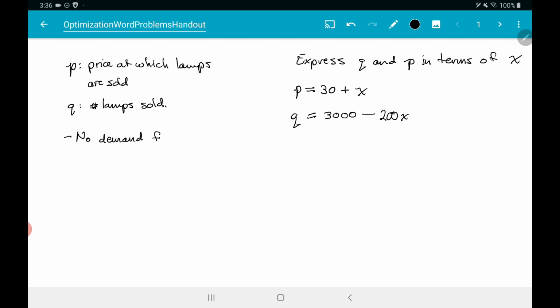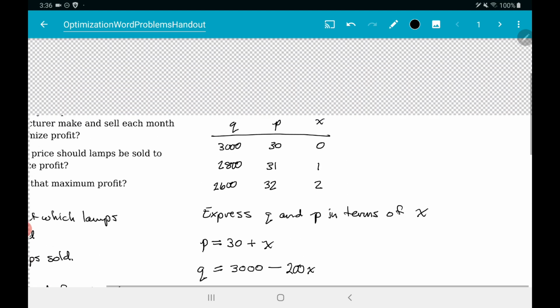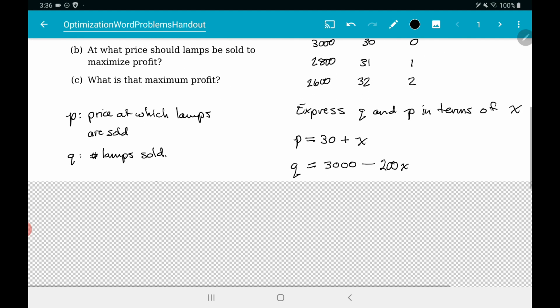So there's no demand function in this setup. Remember, the demand function gives price as a function of numbers sold. And we're expressing everything in terms of the number of steps down the table rather than in terms of numbers sold.